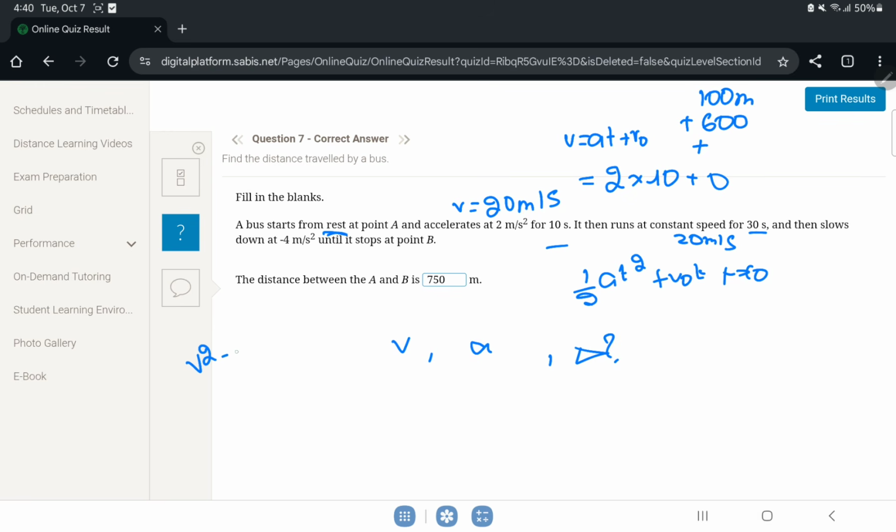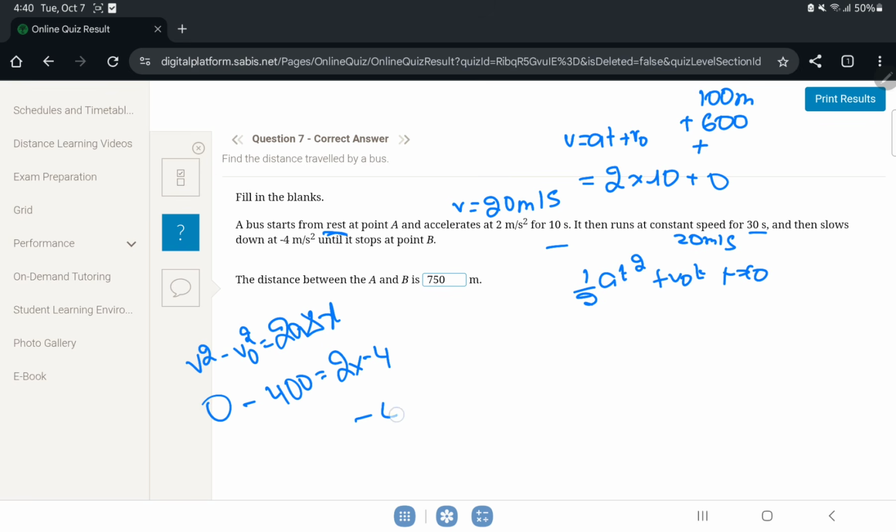So instead you can use this rule. You have v squared minus v initial squared is equal to 2a delta x. Just one step. What's the v final? It's 0. It comes to a rest. Minus v initial squared, 20 squared, which is 400, is equal to 2 times the acceleration, negative 4, and then delta x, we need to find.